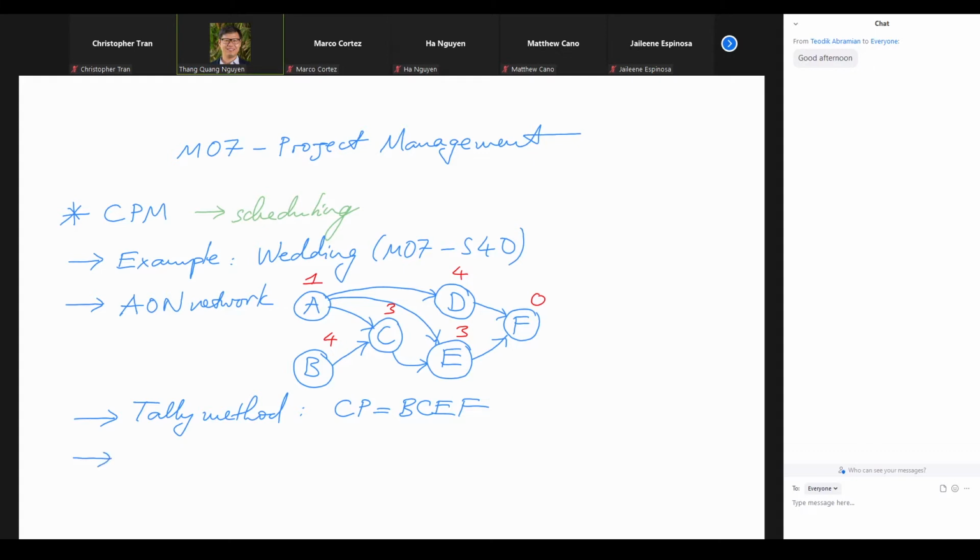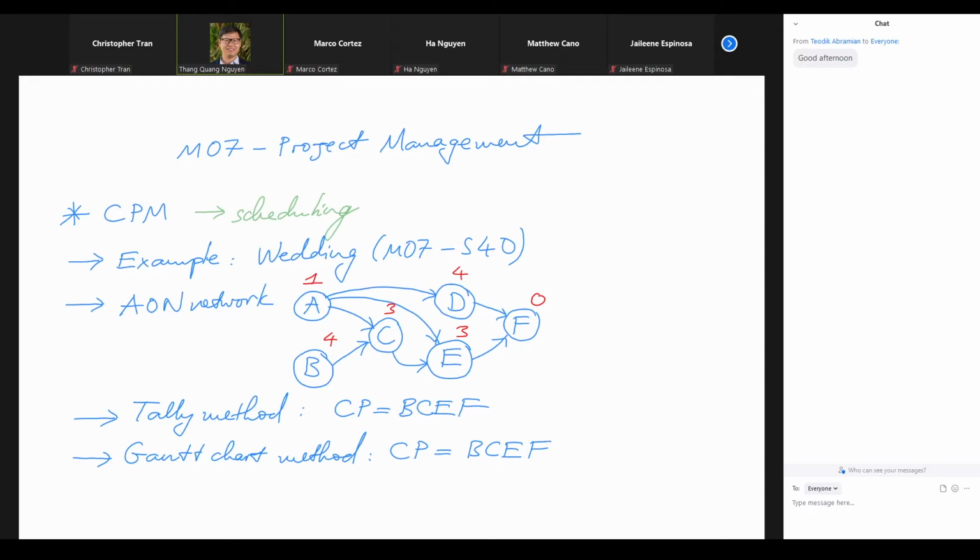And we also attended the Gantt chart method, right? So we draw the visual timeline, and then we try to slide activities to see which one is part of the critical path and which one is not, right? Then we also find the same CP, B, C, E, F. Any delay on the critical path will delay the entire project, or the wedding day will need to be put off by another week or two, right?